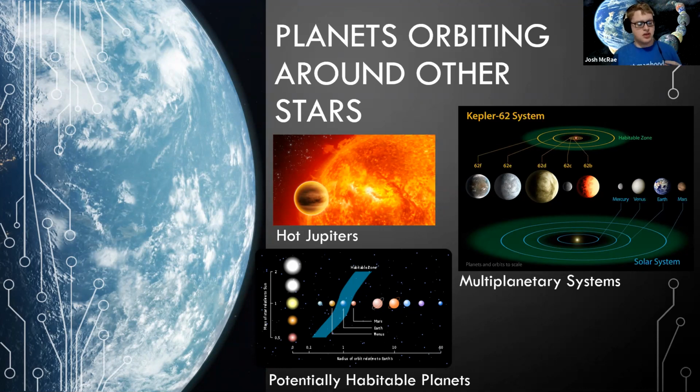But then you get into the conversation that's not talked about a lot with habitable zones, something that's sometimes referred to as a continuous habitable zone. As a star changes and gets older, the amount of energy that it gives off changes.